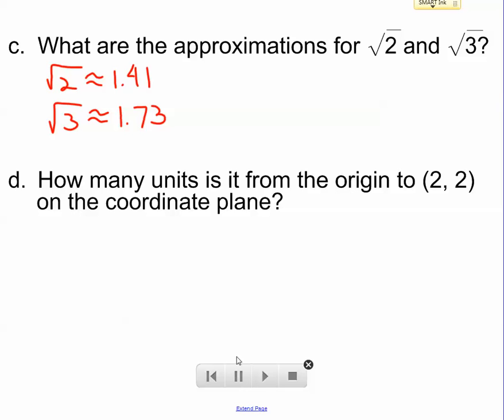Okay. So how many units is it from the origin to (2, 2) on the coordinate plane? Let's make a little sketch here. Here's my coordinate plane. I'm going to make a point at (2, 2). Right here. And we're trying to figure out the distance from the origin up to that point.